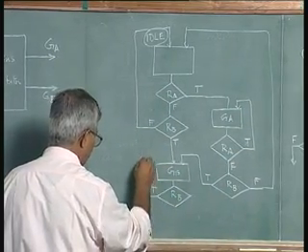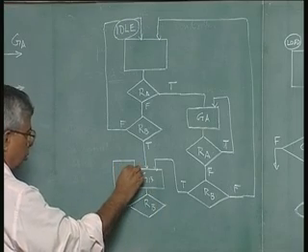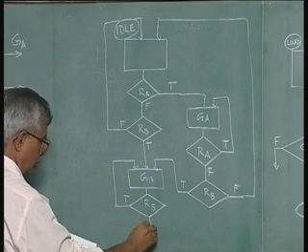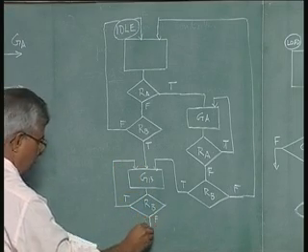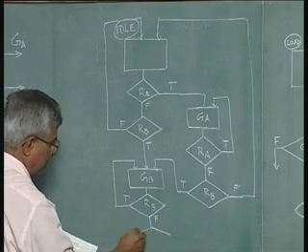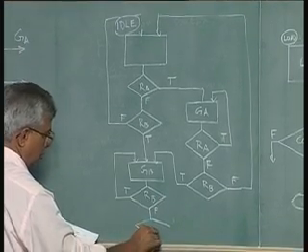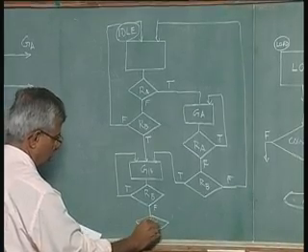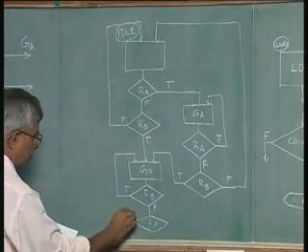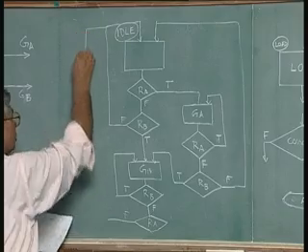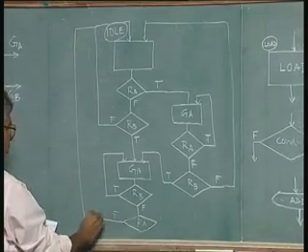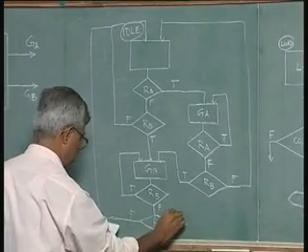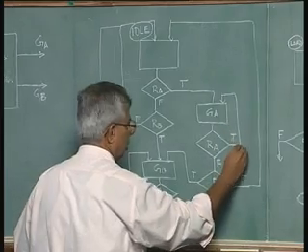If it is true, it continues to be in GB. If it is 0 or false, again a test is done whether RA is waiting. If it is not waiting, I go back. If it is waiting, I go back to this.